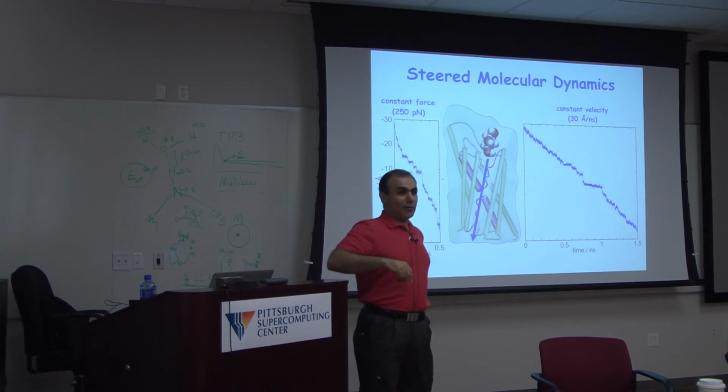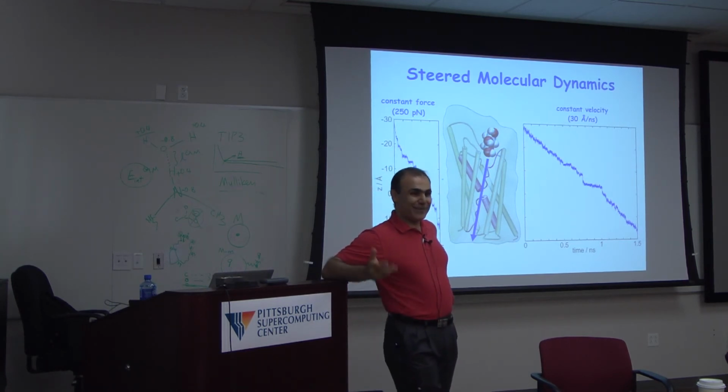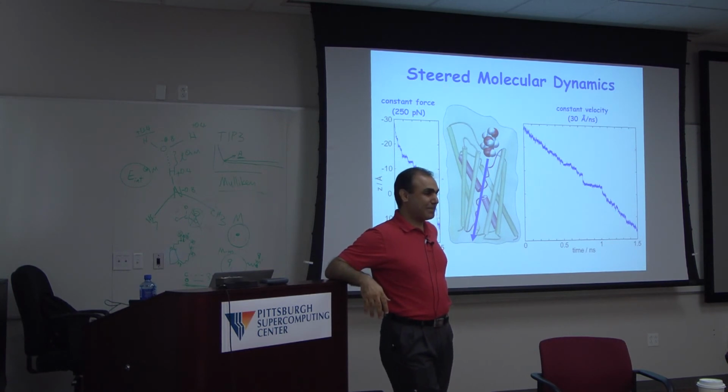I have five more. I think it was Monday's presentation by House, the simulation of the AFM tip on the spherical particle, a viral capsid, right? Was that steered MD on the tip?